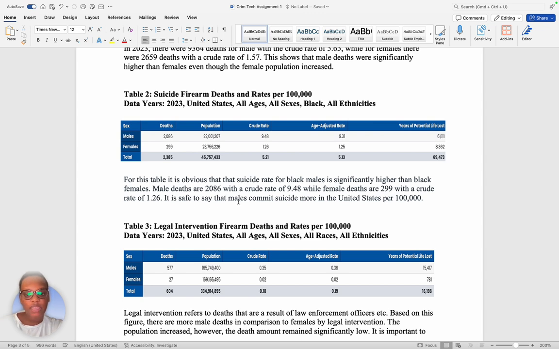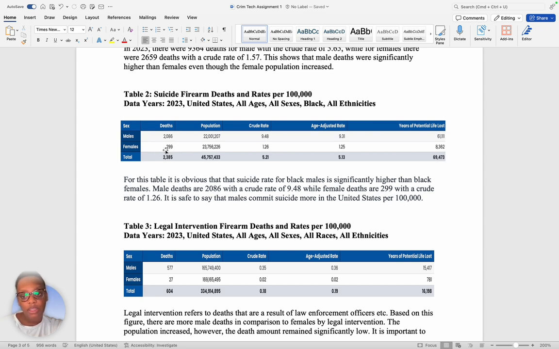It is safe to say that males commit suicide more in the United States per 100,000 people. As you can see, females that commit suicide by firearm number 299, which is significantly lower than males at 2,086, and the crude rate is also high.